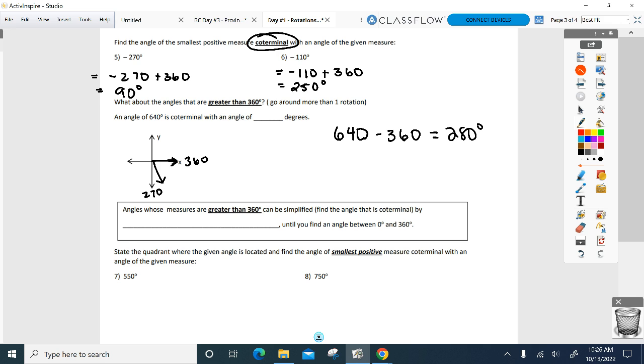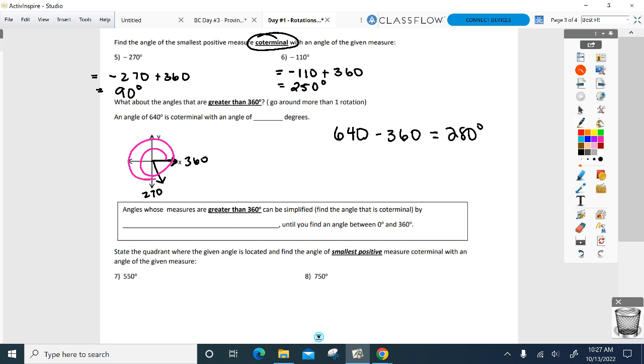And you're ready for the change up now. Am I graphing 280? Did I ask you to graph 280? No, what did I ask you to graph? 640, right? So watch. Everyone start on the x-axis with your rotational arrow. Is that good enough? No. That's not 640, that's 280. So guess what we're going to have to do? Another loop-de-loop.